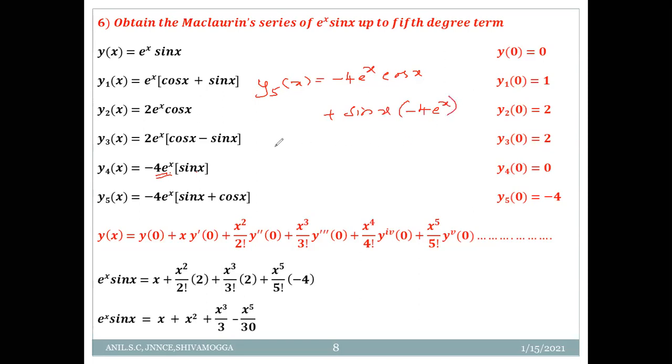Put x is equal to 0. You get y5 of 0 is equal to minus 4 into e power 0 is 1, cos 0 is 1. And here sin 0 is 0, 0 into anything is 0. Therefore, y5 of 0 is equal to minus 4. Rest is very simple. Write the formula and substitute.